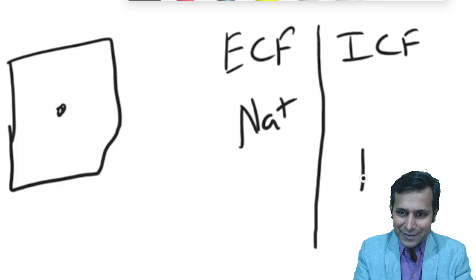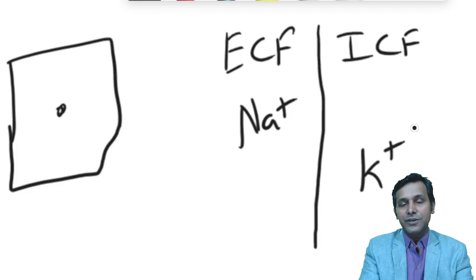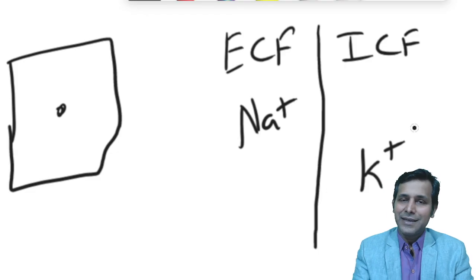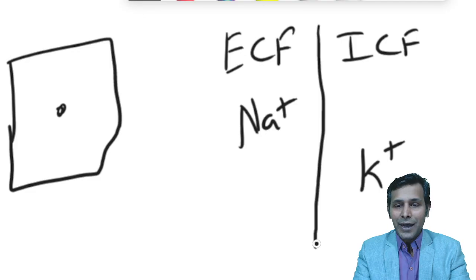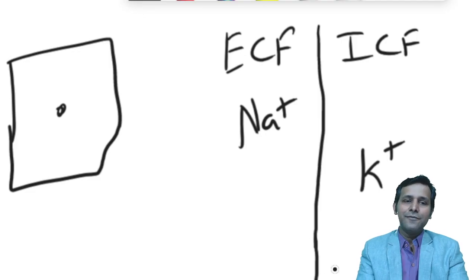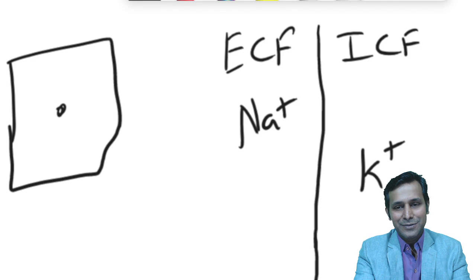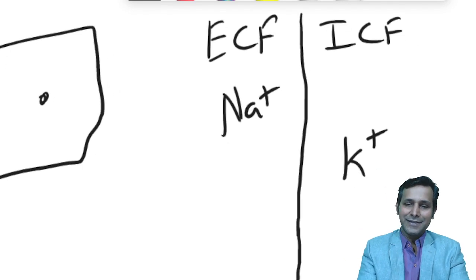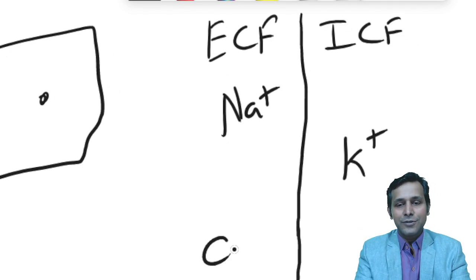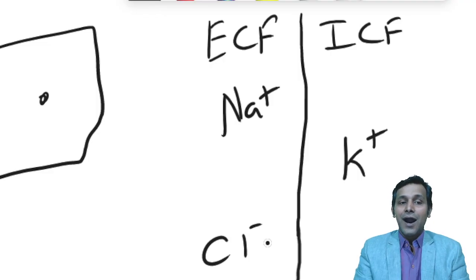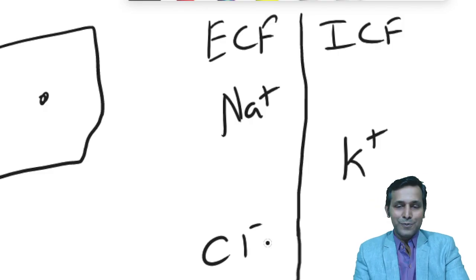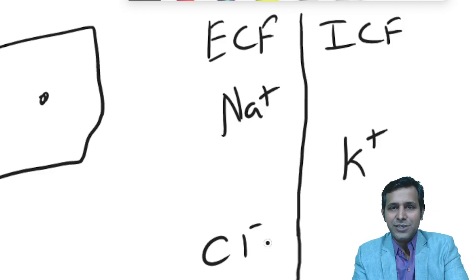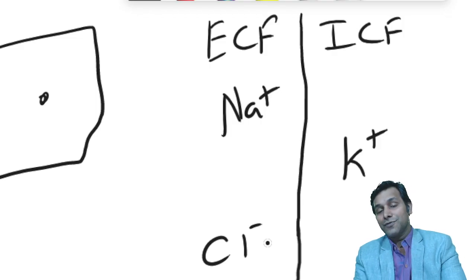It is inside the cell. Potassium ion is in higher concentration inside the cell. And the third ion is chloride ion. Where do we have chloride ion in higher concentration, outside the cell or inside the cell? The answer is outside the cell. The chloride ions are in higher concentration outside the cell. So why do we have this differential distribution? It is because of one of the principles.